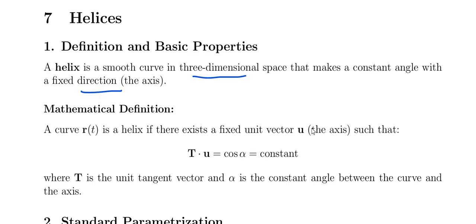The proper mathematical definition: the curve r of t is a helix if there exists a fixed unit vector u, the axis unit vector, such that T dot u equal to cos alpha, which is constant. Here T is the unit tangent vector and alpha is a constant angle between the curve and the axis. This is the mathematical definition of the helix.